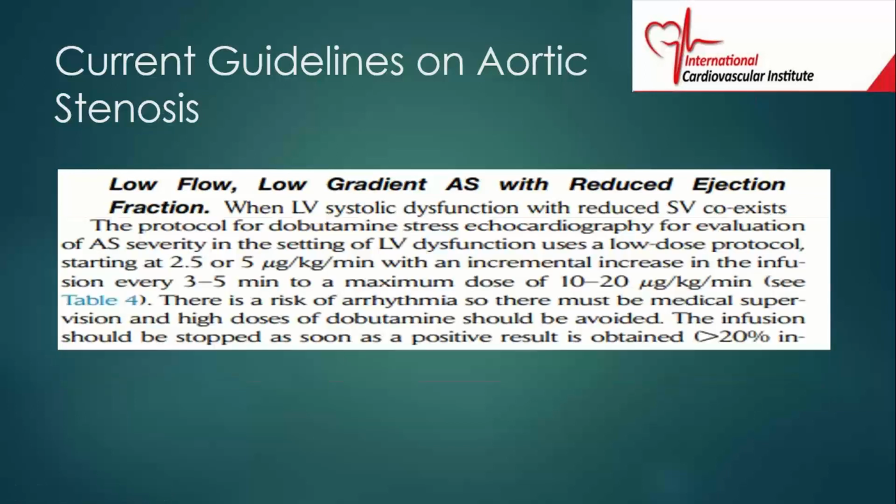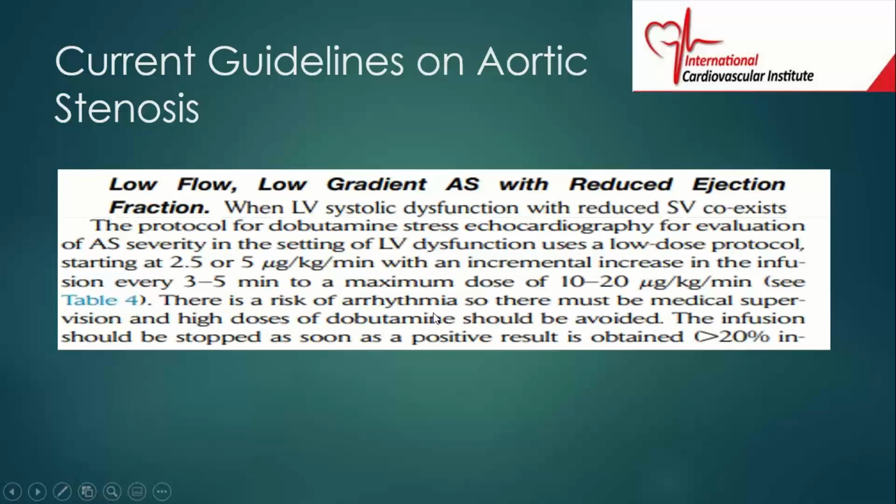Okay. So again, when the LV systolic dysfunction with reduced volume exists, you have to use the low dose dobutamine protocol. We start at 2.5 or 5 micrograms per kilogram per minute. You're going to increase the infusion.